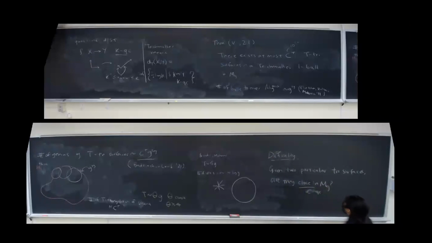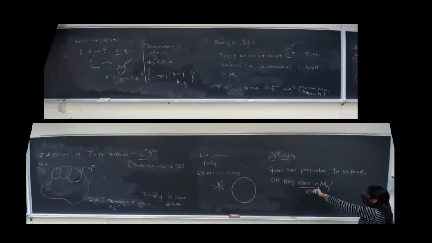Okay, so this is hard. I still don't know how to do this. In particular, there are two different worlds. One is the world of triangulated surfaces, which is a combinatorial world. The other is the world of hyperbolic surfaces. It's relatively easier to check if two triangulated surfaces are combinatorially the same. That's like checking whether two graphs are isomorphic.